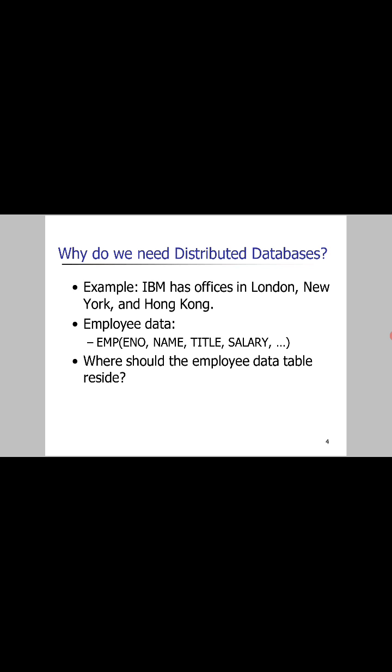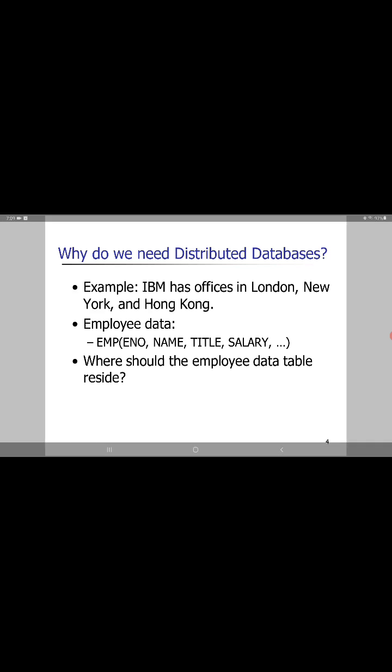So why do we need distributed databases? The same database should be shared and available in multiple and different places, and used like a single database. That is the main purpose, the main theme of using this distributed database concept.